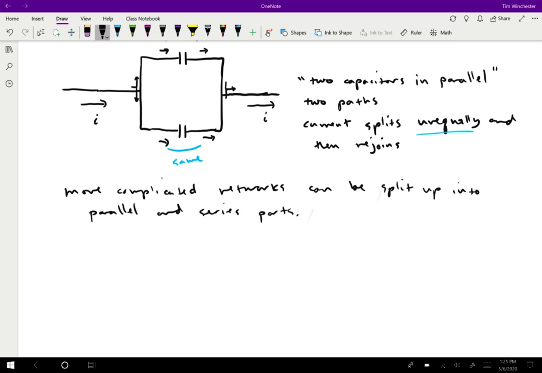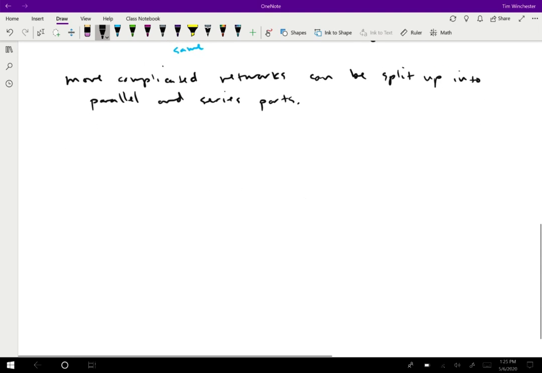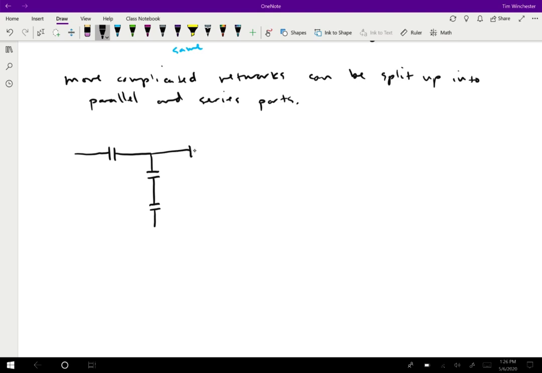Okay, so let me just show you an example of that. Let's say that we have a wire like this, and then maybe two capacitors here, and then like this.